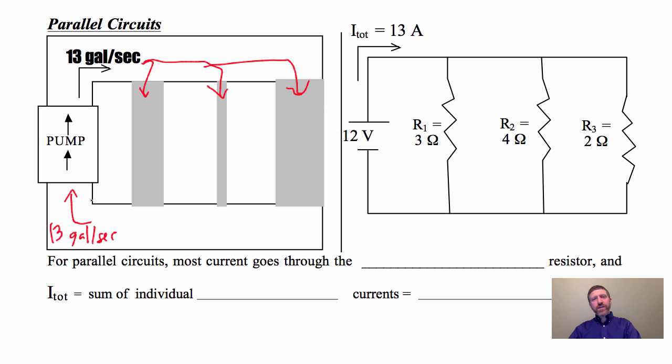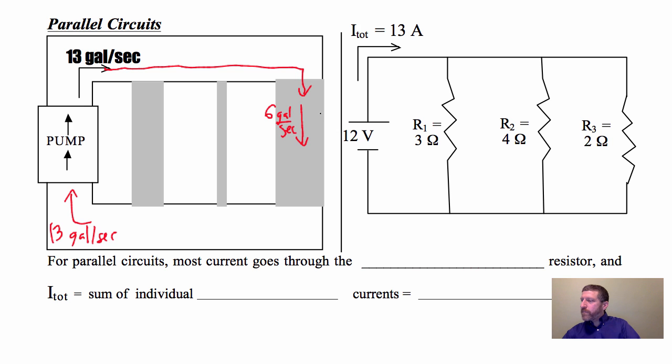Well, just like seniors, there's more room for stuff, current, water, seniors, whatever you got, to get through this one. So I'm going to say of this 13 gallons per second, arbitrarily, let's just say that 6 gallons per second go through here. So that goes through there.